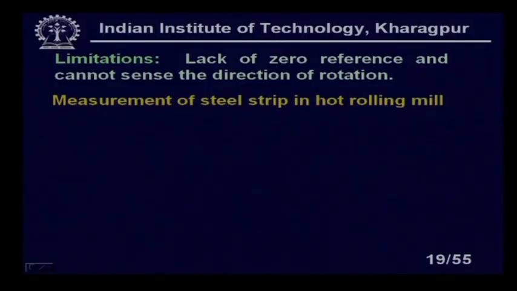Measurement of steel strip in hot rolling mill. Okay, this is another scheme by which photodiodes can be utilized, because in the hot rolling mill the temperature is so high that it is very difficult to measure the thickness, and thickness measurement of the rolling sheet is very important.